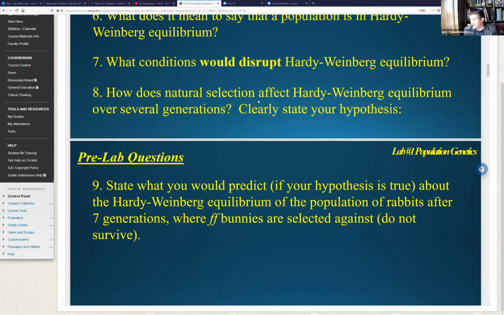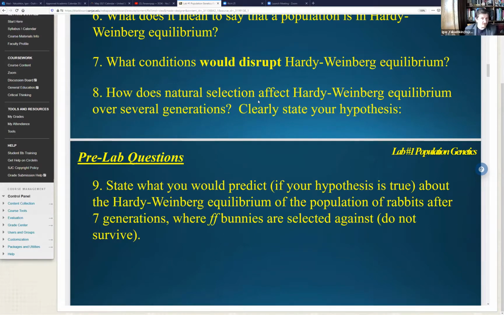Thank you. And yes, those conditions are listed in the lab. It's right above the pre-lab questions. And it's also later on, I'll show you in the lecture as well. So this is the hypothesis. If you want an opposite hypothesis, you can say if natural selection is happening, then the equilibrium will be maintained. That's fine too. It doesn't really matter if it's right or wrong.